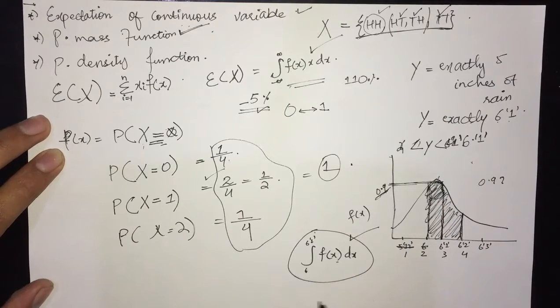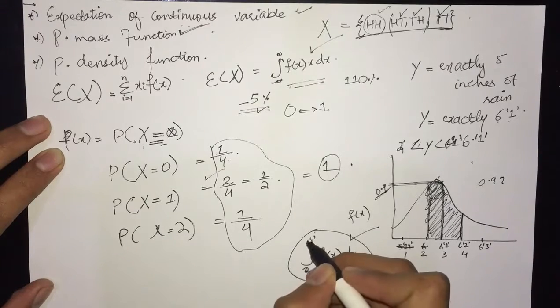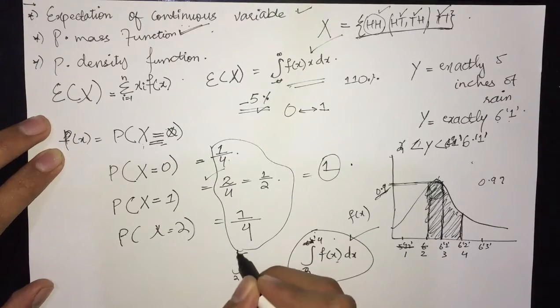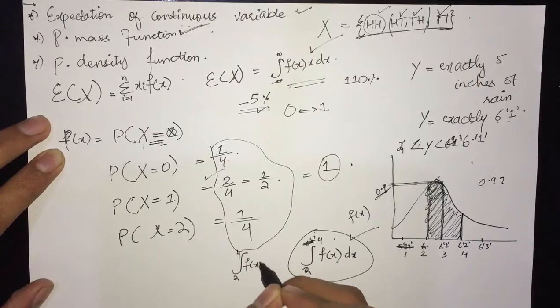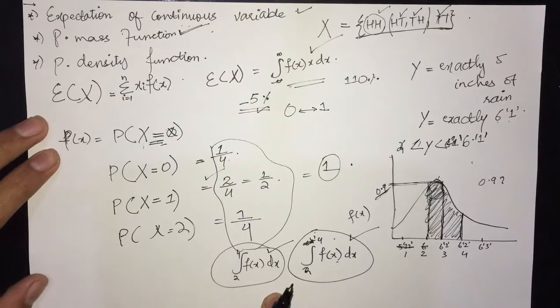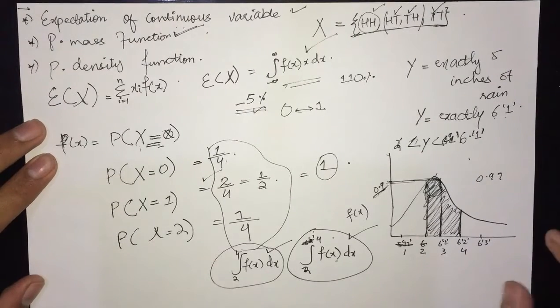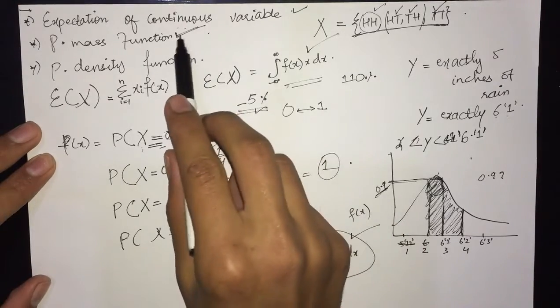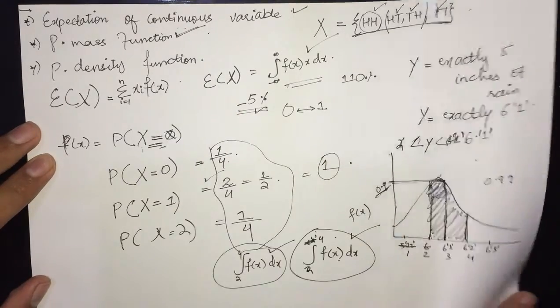So this will be the integral from 2 to 4 of f of x dx. So this is the probability density function.